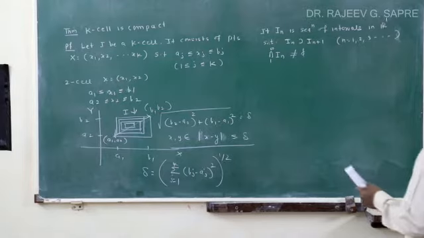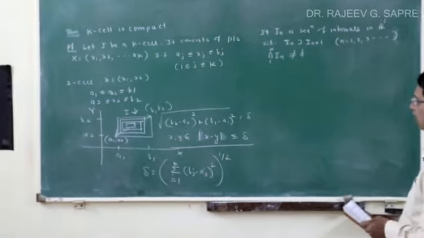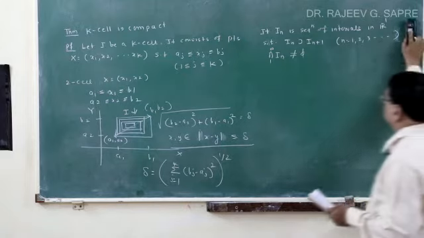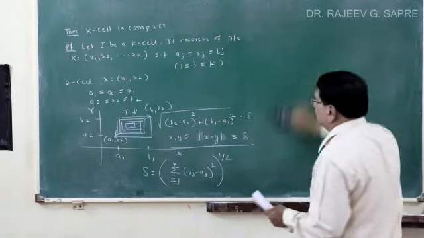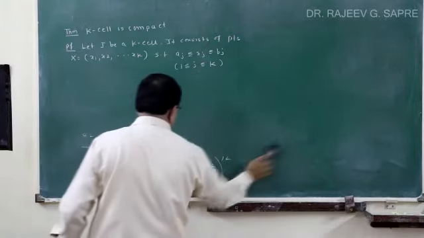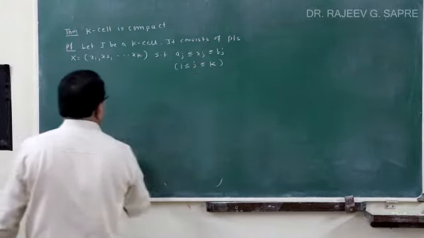So now we will start with the proof. What we have to prove is that a k cell is a compact set. First we defined what a k cell is.